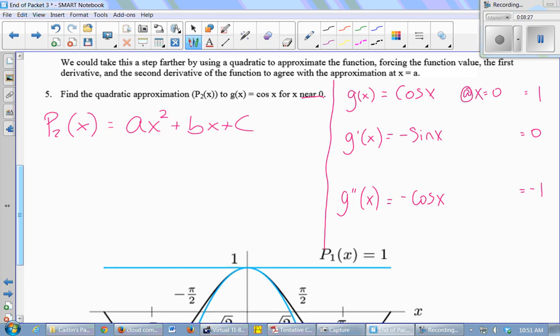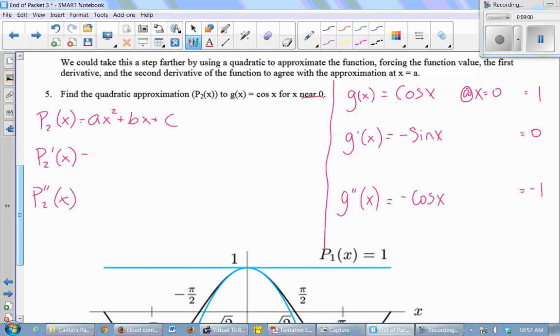All right, so what I'm trying to do is I want to force the polynomial value, first derivative and second derivative at 0, to be the same as those for g. Okay, so I'm going to calculate p2 prime of x and p double prime of x.